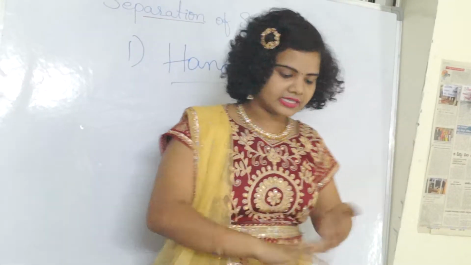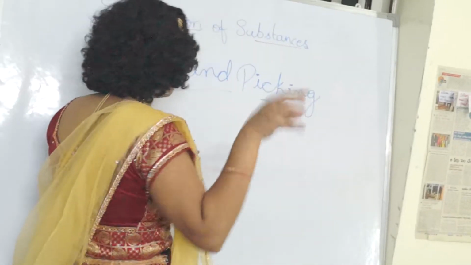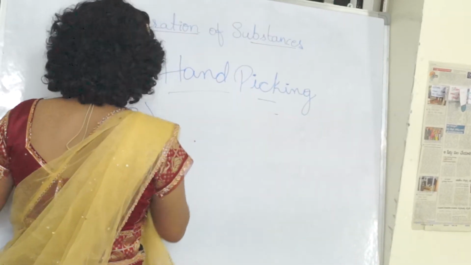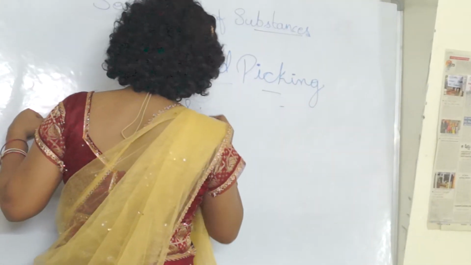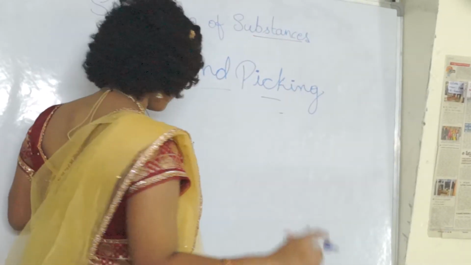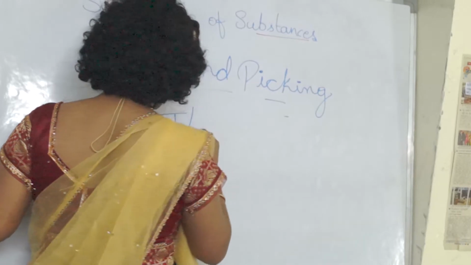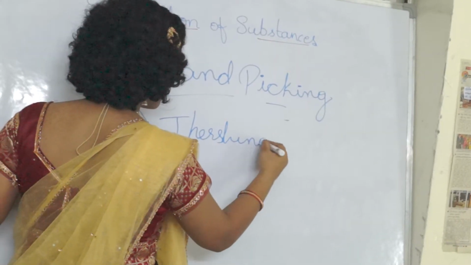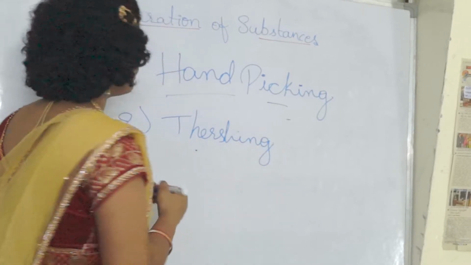Okay, and next, the second method. Understood the first method, the hand picking method, when we pick up the dates from the almonds. And the second method is the threshing method.